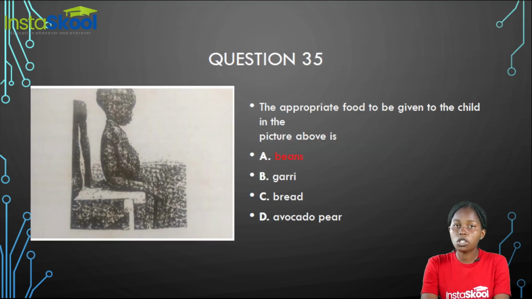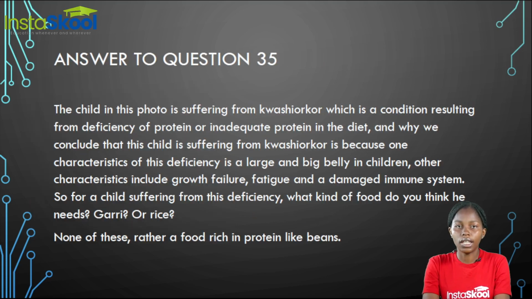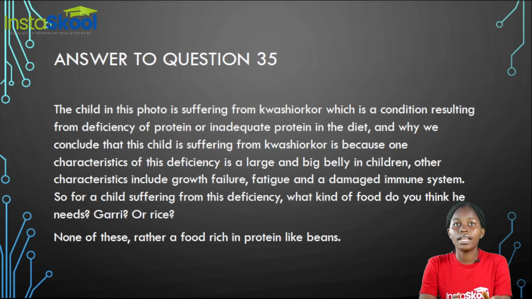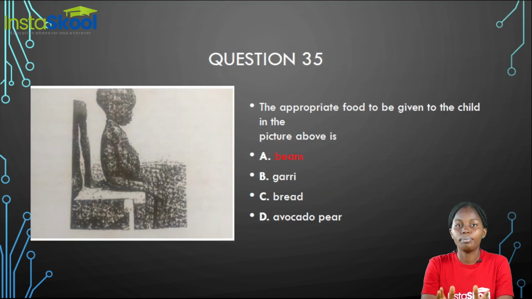So for this child that is suffering from kwashiorkor, what do you think he needs? Do you think he needs garri or bread? No, he does not need any of these two foods. He requires a food that is rich in protein, like beans.